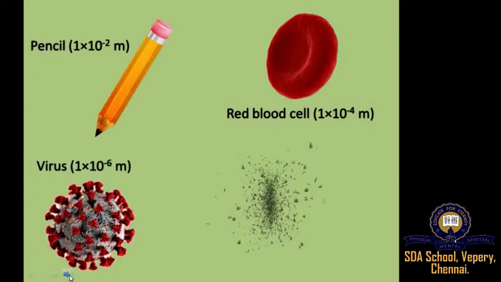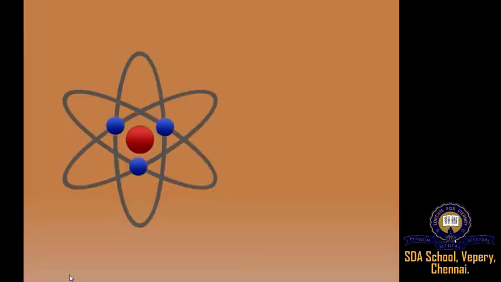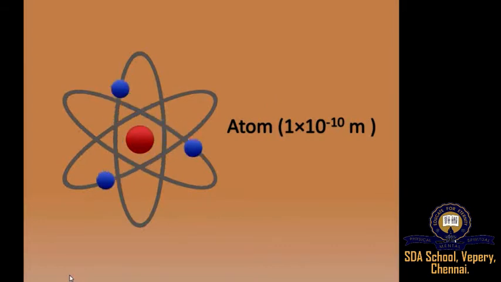The size of virus is 1 into 10 power minus 6 meter. And the size of dust particle is 1 into 10 raised to the power minus 7 meter. Now you can imagine how small an atom would be. So the size of the atom is 1 into 10 raised to the power minus 10 meter.